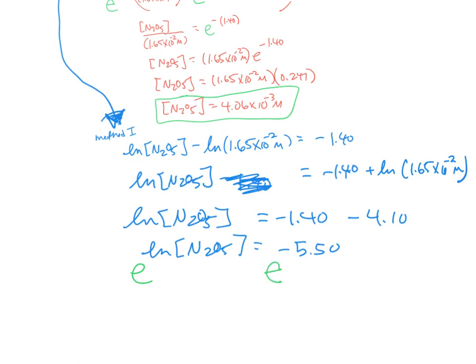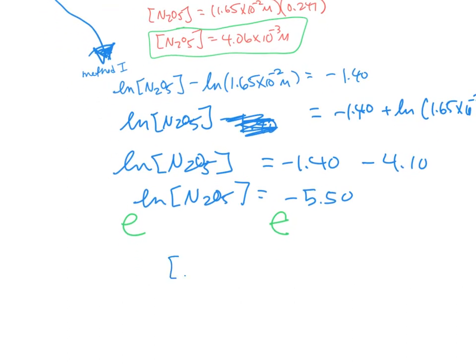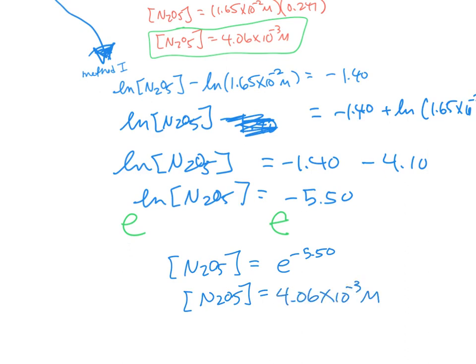That'll be e to the minus 5.5. So then on the left you get N205. And on the right you get e to the minus 5.50. And N205 equals 4.06 times 10 to the minus 3 molar.